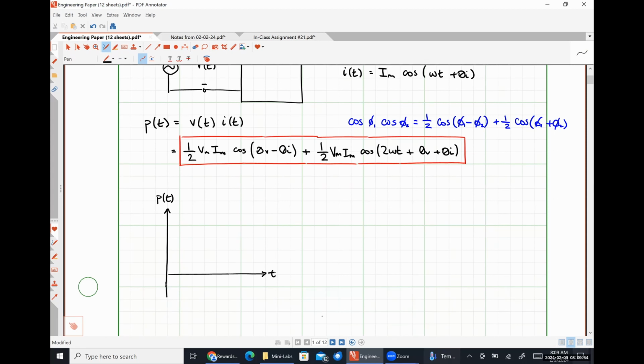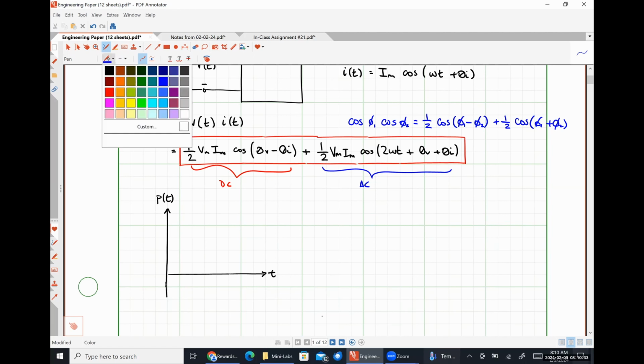And the cosine of a constant is a constant itself, which means this first part just represents a DC term in our instantaneous power relationship, right? So I'm just going to put a little label under here. This bit is DC, and then this guy right here is obviously AC. What's interesting about it is that it's actually at twice the frequency of the voltage or the current. So the power oscillates twice as quickly as the voltage signal or the current signal in an AC circuit, okay?